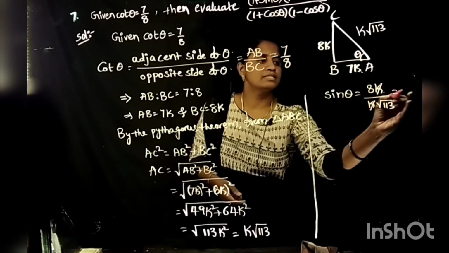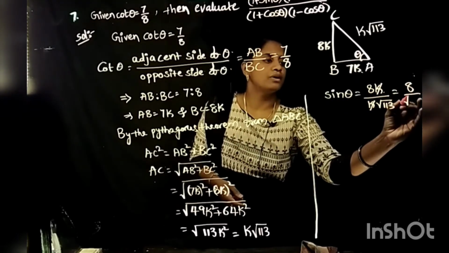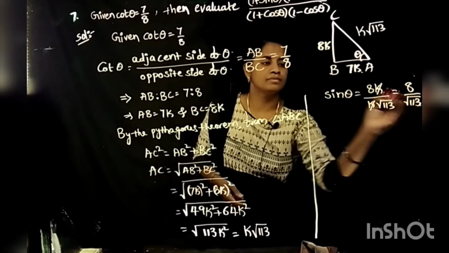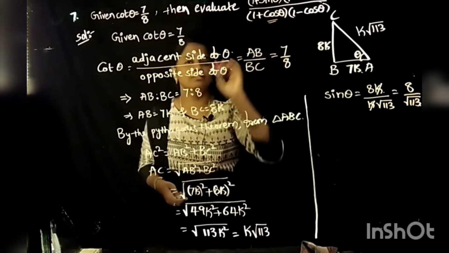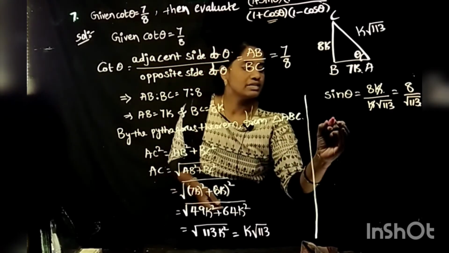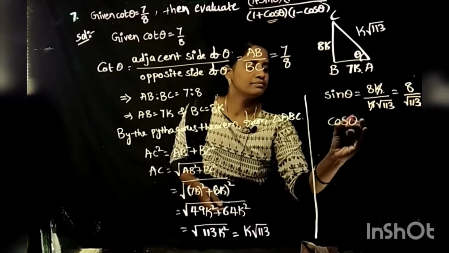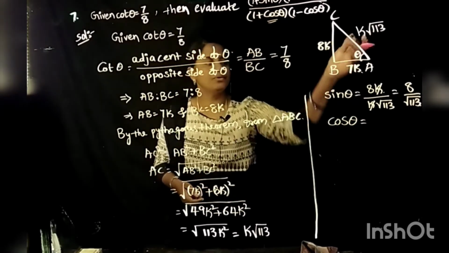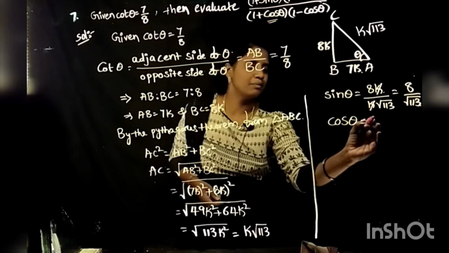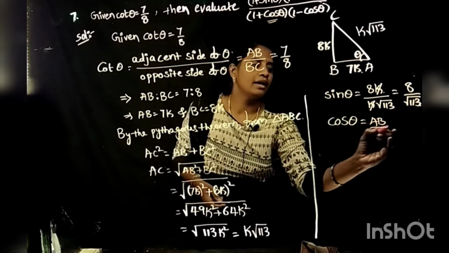K both are cancelled, we get 8 by root of 113.